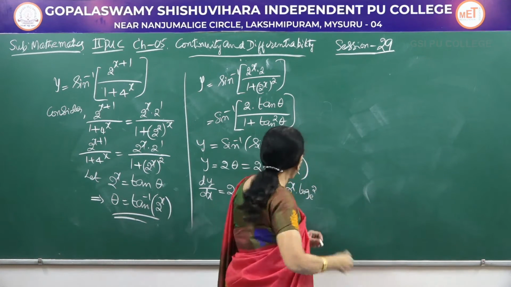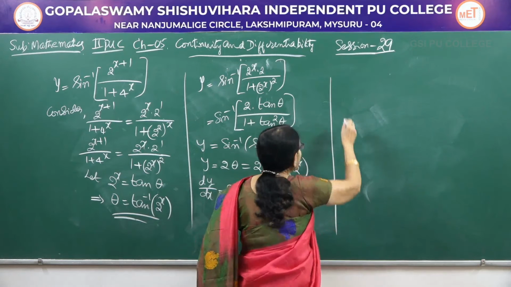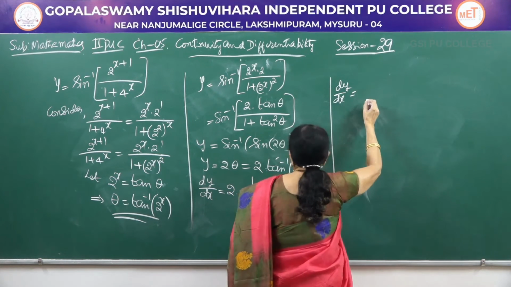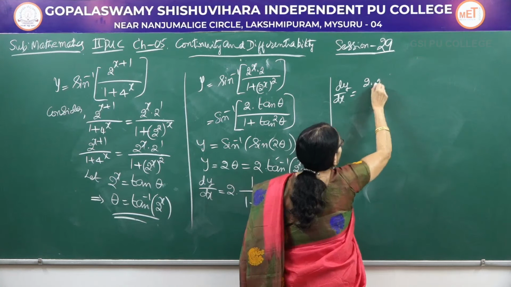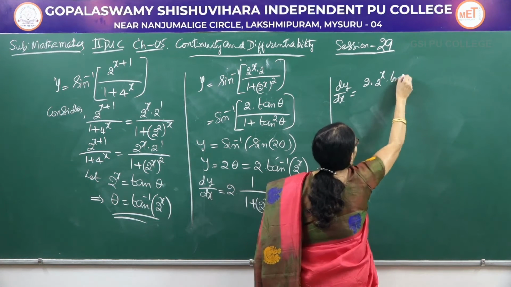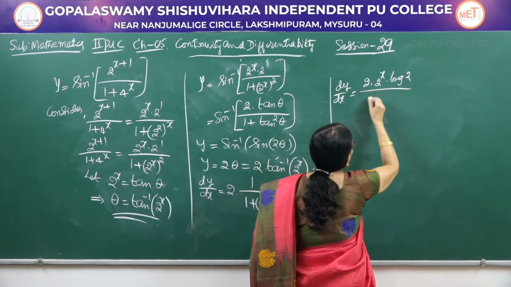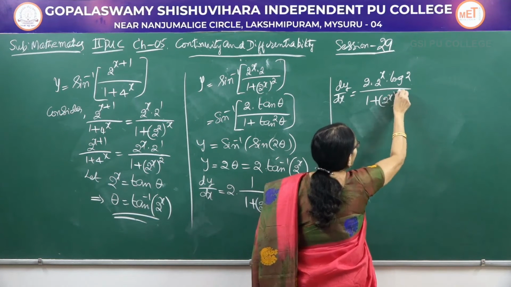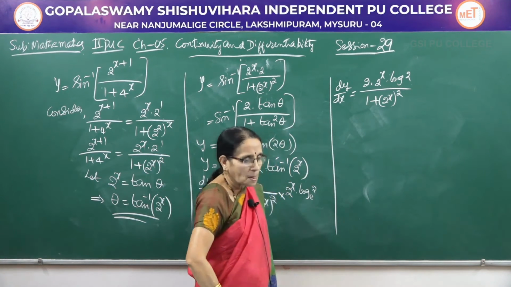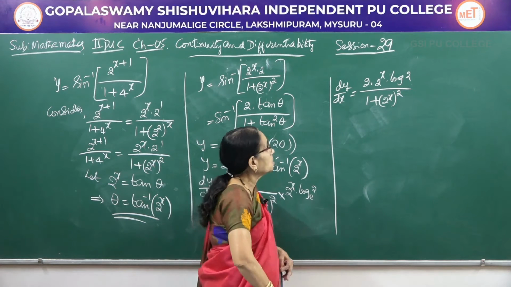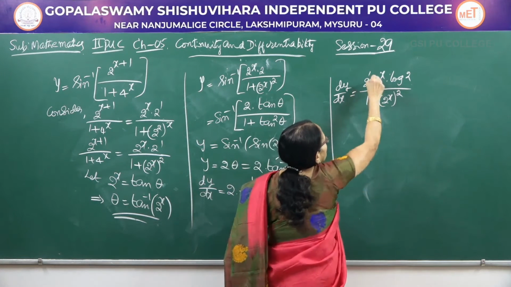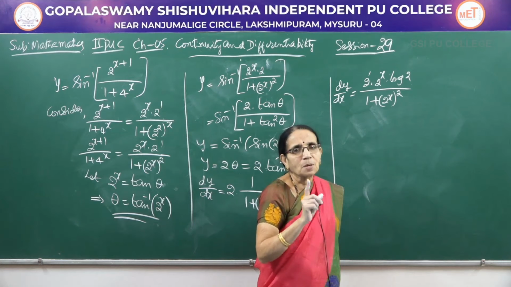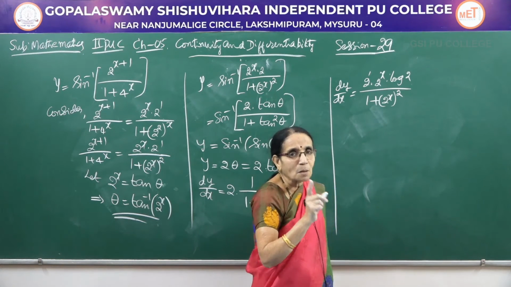Now, let me rearrange the terms here, just to present the answer in a better way. Dy by dx equal to 2 into 2 to the power x into log 2 divided by 1 plus 2 to the power x the whole square. Now, numerator 2 means it is 2 power 1. Again I am using the law of indices, a power m into a power n is a power m plus n.